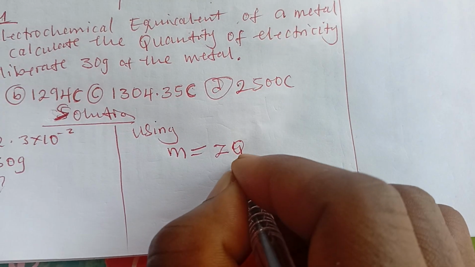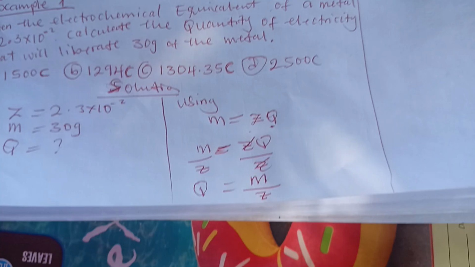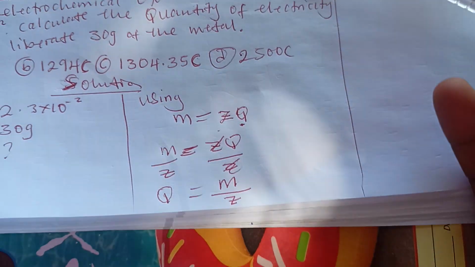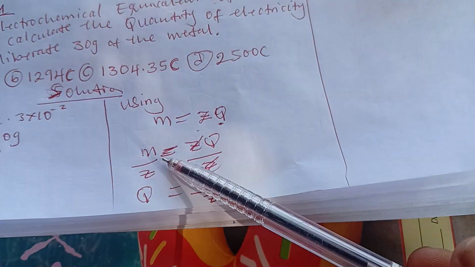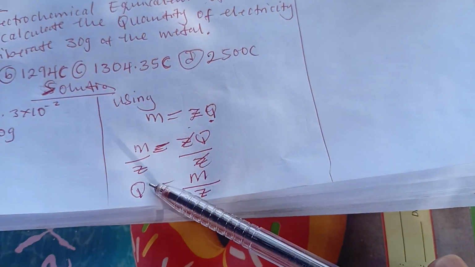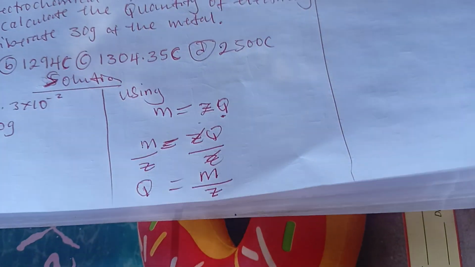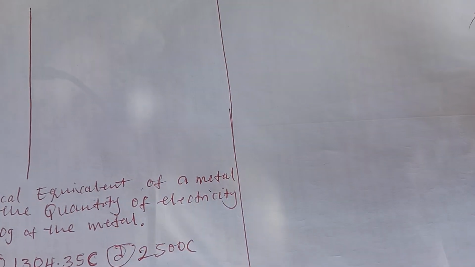So we divide both sides by Z, and we obtain Q equals m over Z as our final result. Now let's substitute back into our equation.